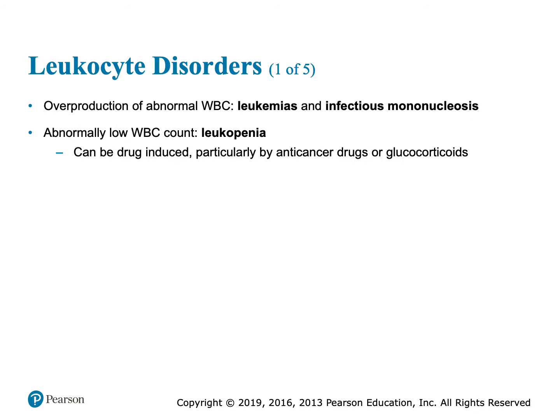Okay, disorders. If you are producing one of those lines abnormally, let's say your bone marrow is producing lots of lymphocytes, that's a leukemia.